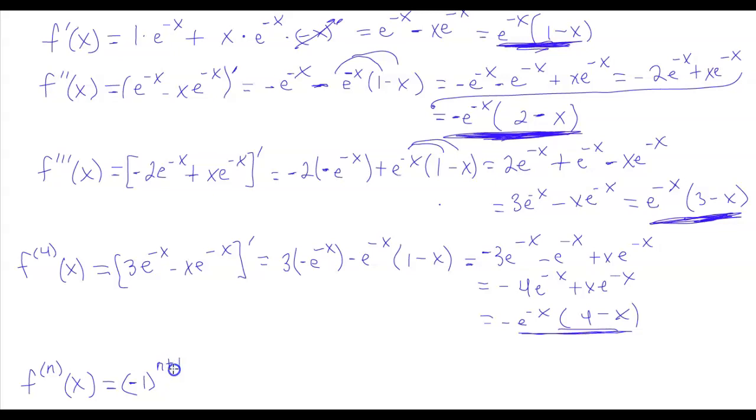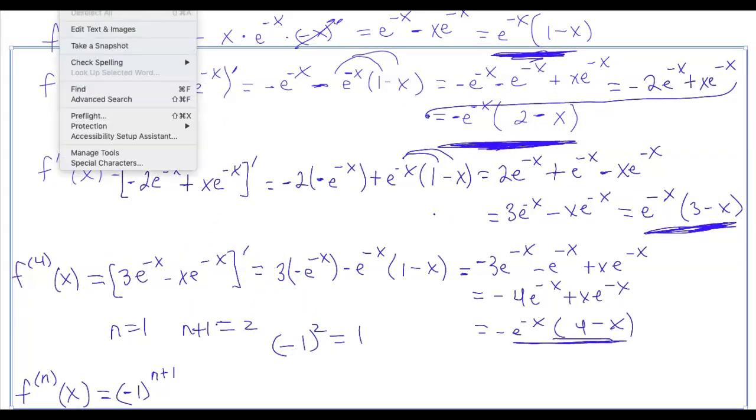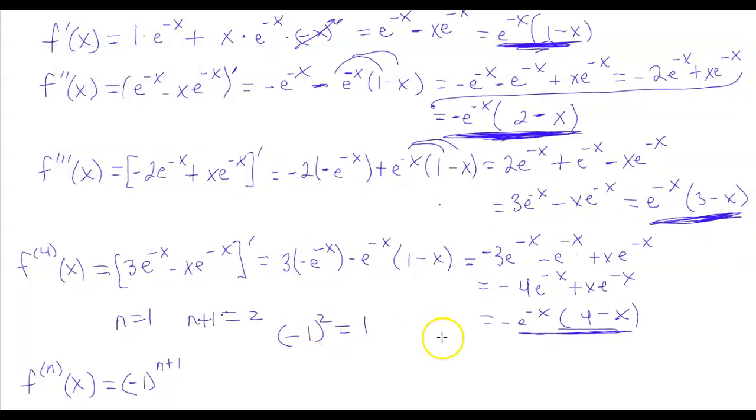And so if we let n equal 1 here, then n plus 1 is going to be 2, and -1 raised to the 2 is going to be a positive 1. So that's kind of what we want there. So we'll just call that -1 raised to the n plus 1 to take care of the positive and negative alternating signs there.